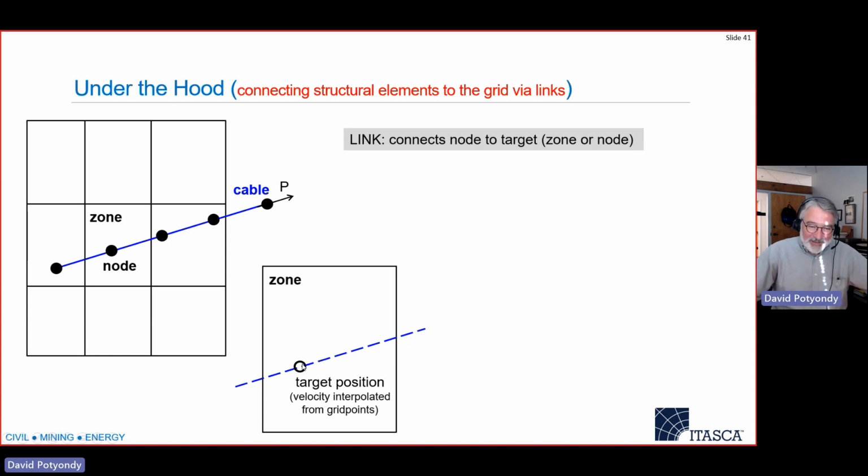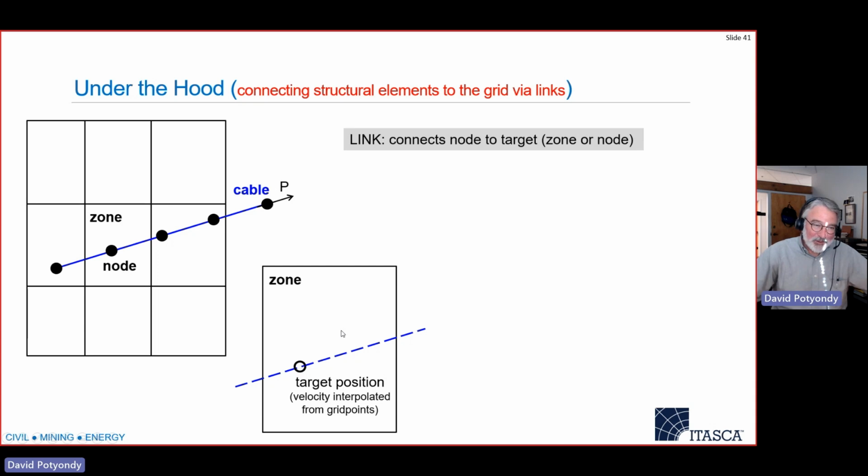And at that position, we're going to continually know what the velocity is because the zone gets its velocities at its 4 grid points, but we can interpolate to get the velocity at this target position. So we have a link there that's linking the node to this location in the zone.